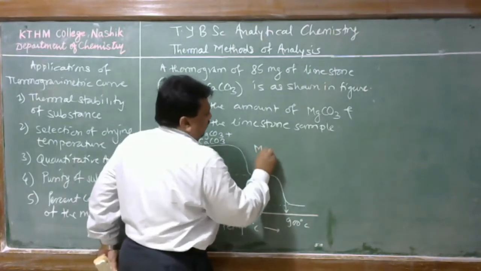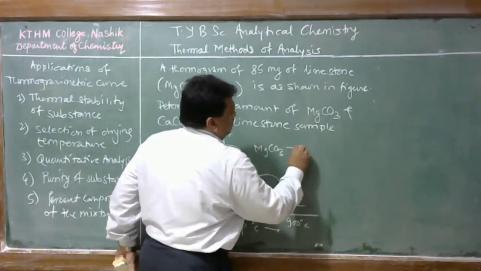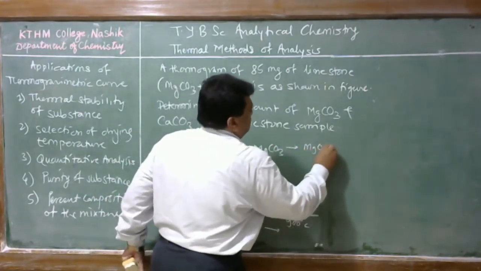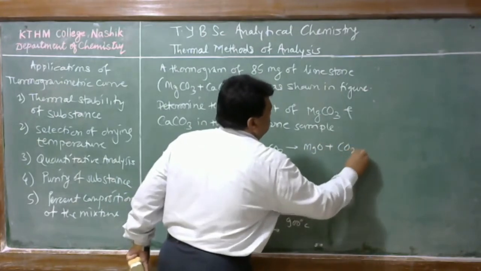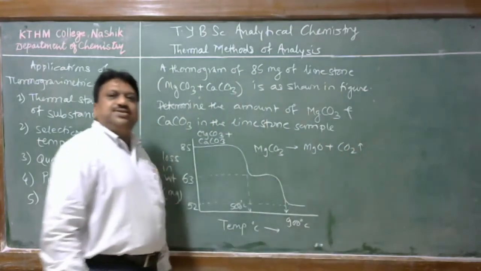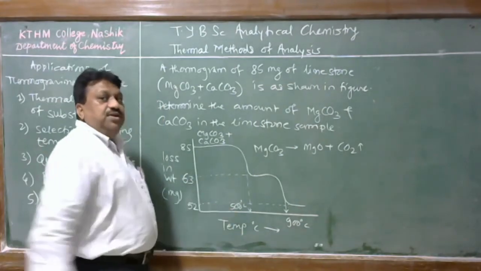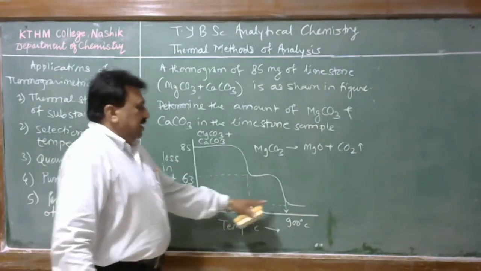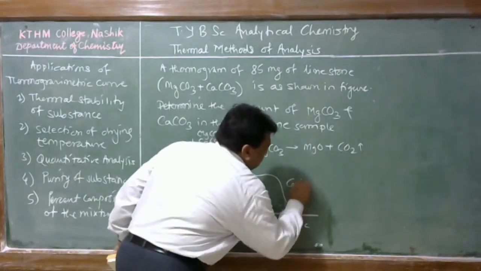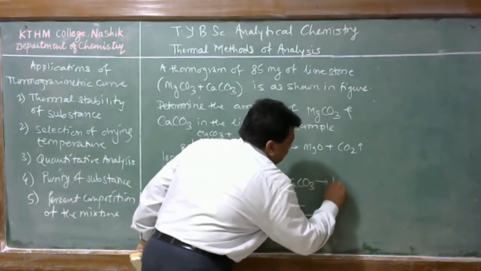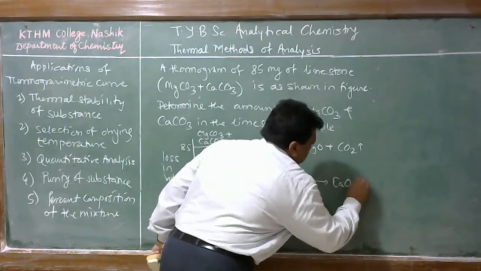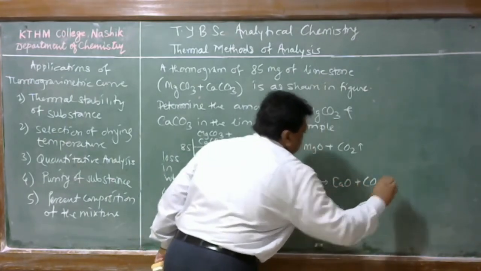Therefore, MgCO3 gives MgO plus CO2 gas. This is the first stage of decomposition, which takes place at a temperature of 500 degrees centigrade. In the second stage, calcium carbonate gets decomposed to calcium oxide plus CO2.